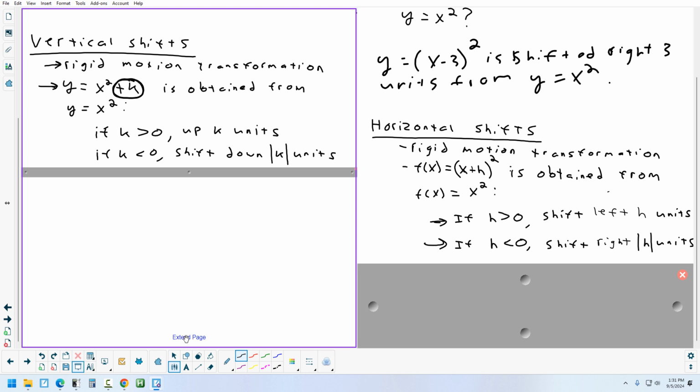So when you draw a parabola and you don't do anything to it, just draw this one. Does anybody remember where the vertex was? Yep. It was right on the origin. Now, let me do this.